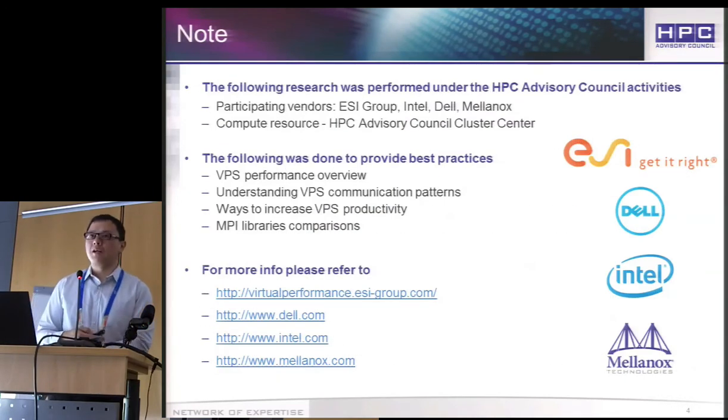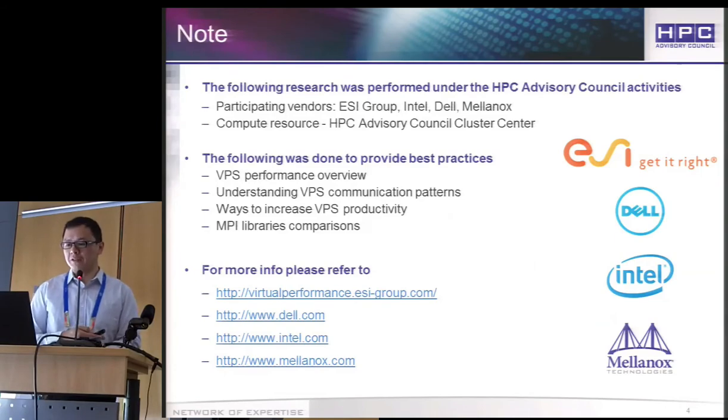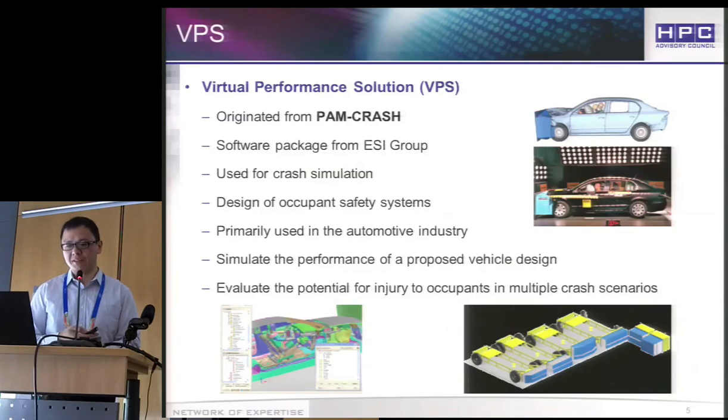So for this talk, I'll be focusing on an application called PAM-Crash. Or I should say Virtual Performance Solution, VPS, which originated from PAM-Crash. It's a software package from ESI Group. It's used for crash simulations, so that the automotive industry can simulate a real car crash without having to use a live car.